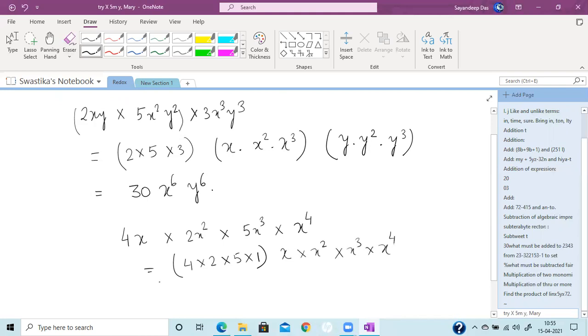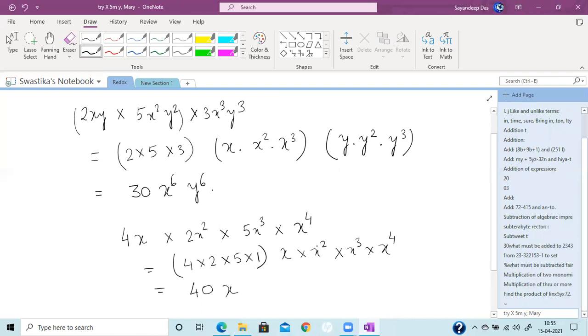These are the variables. So 4 twos are 8, 8 fives are 40, 40 ones are 40. Now see the power of the x's. Your variable is only x.